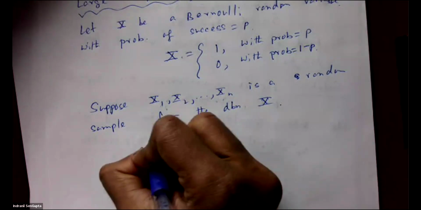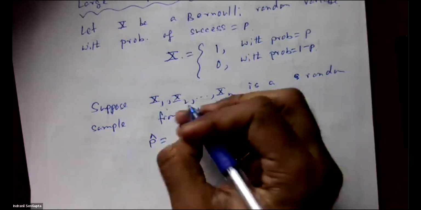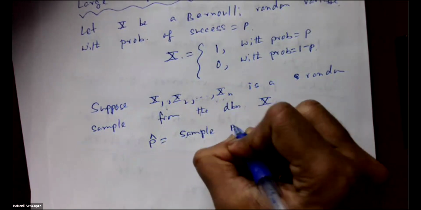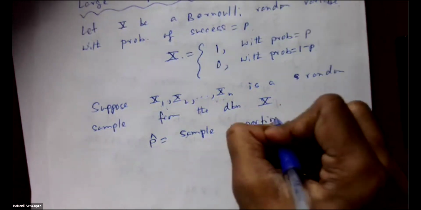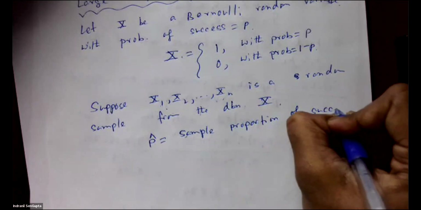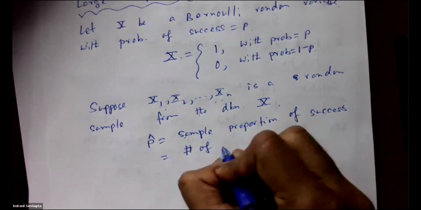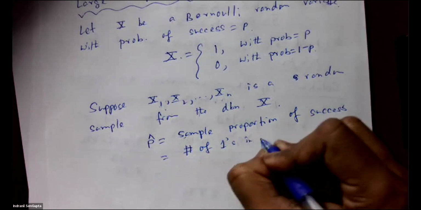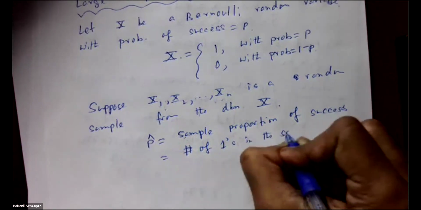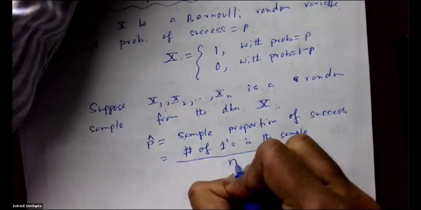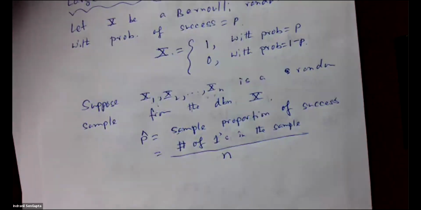So p hat is the sample proportion of success, given by the number of ones in the sample over n. That is called the sample proportion.